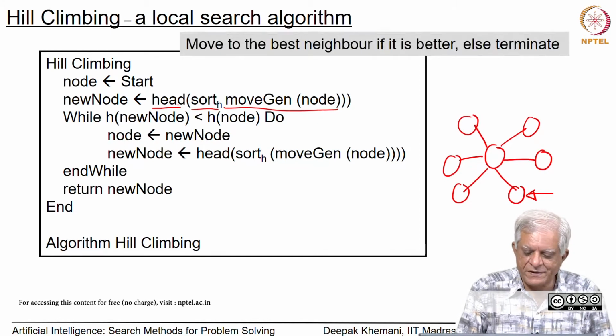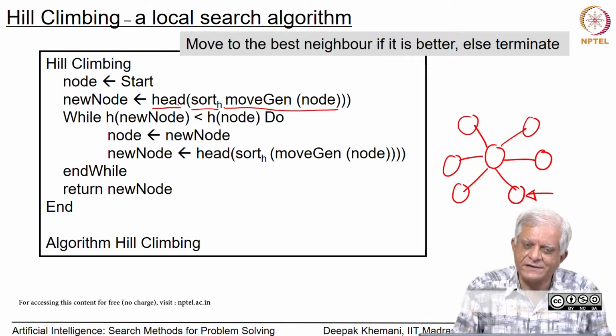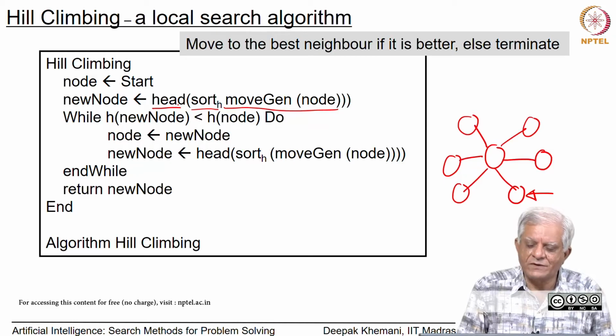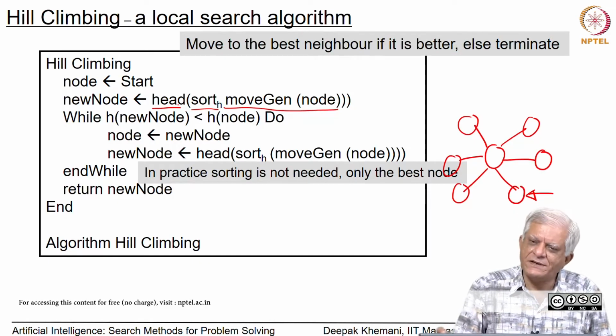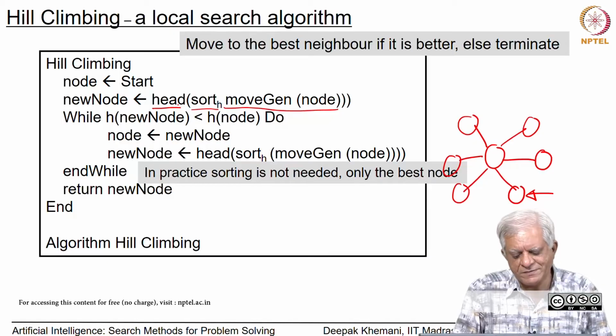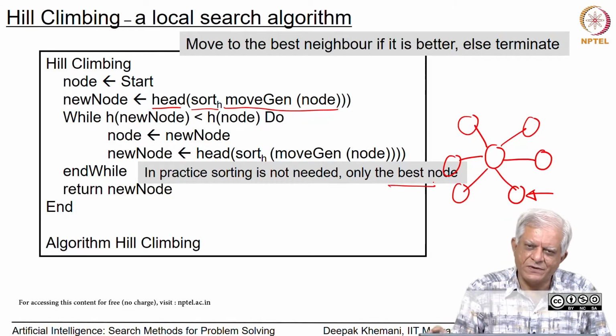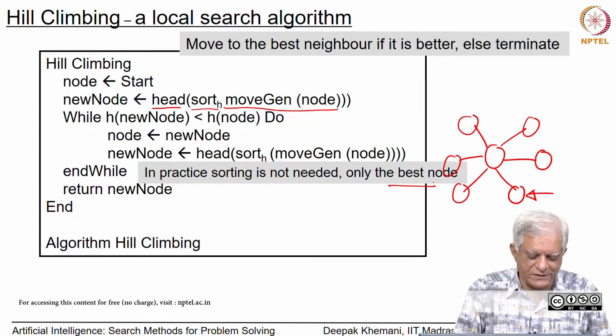So, the strategy in a nutshell is move to the best neighbor if it is better, else terminate. Now, we have written all this sort in this algorithm because we adopted this algorithm from the best first algorithm. In practice, we do not need to sort it, all you need is the best node, and that can be found in linear time simply by scanning all the neighbors.